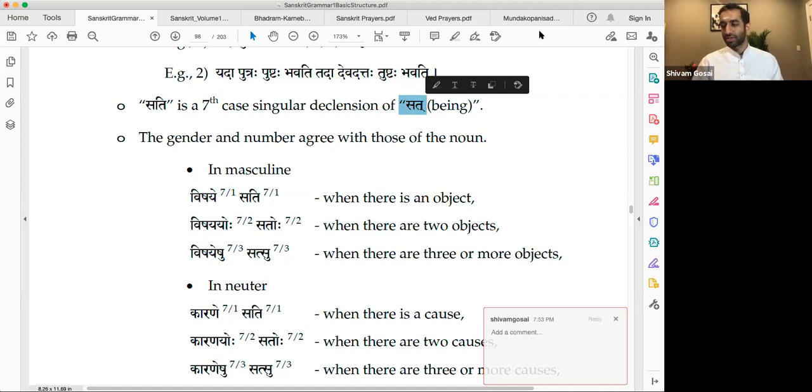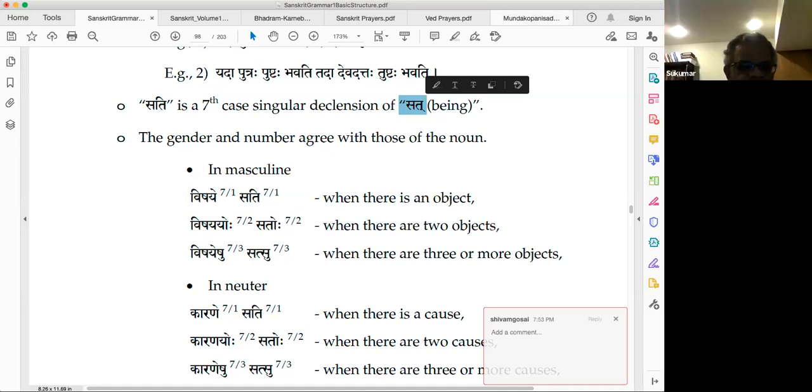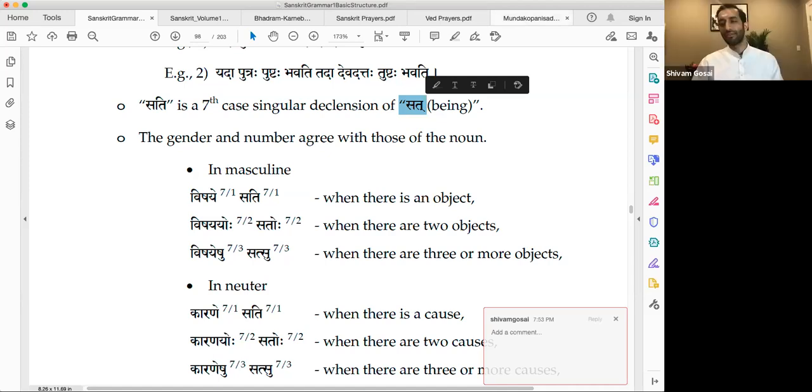So I guess the answer is that when we see it in the seventh case, your mind should think of sati saptami. Thank you. It doesn't come that often, to be honest, but I'll point it out when it does.